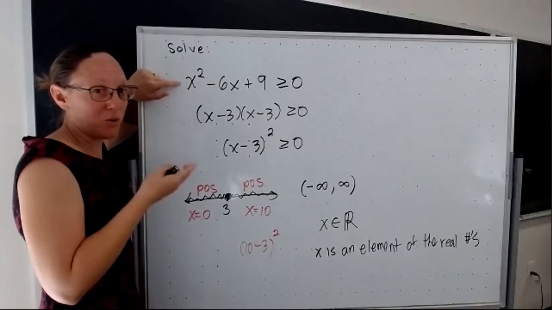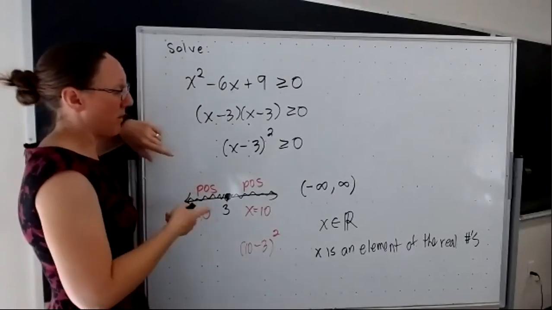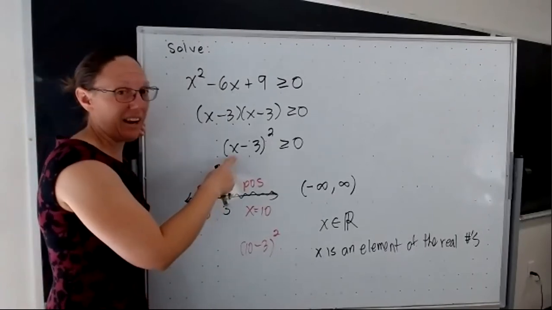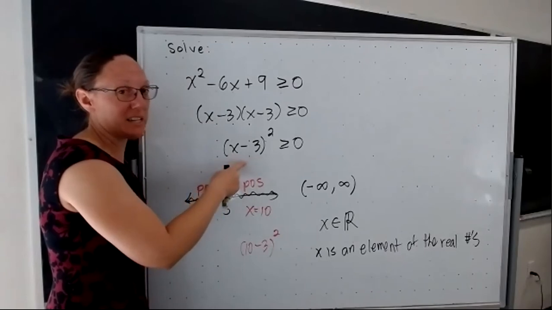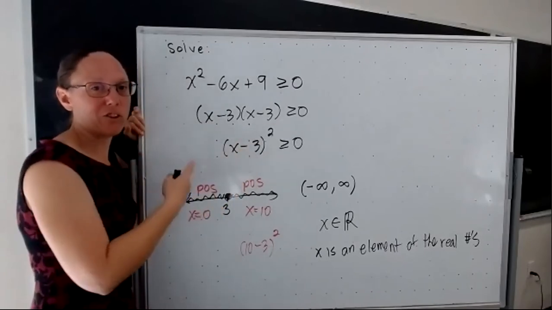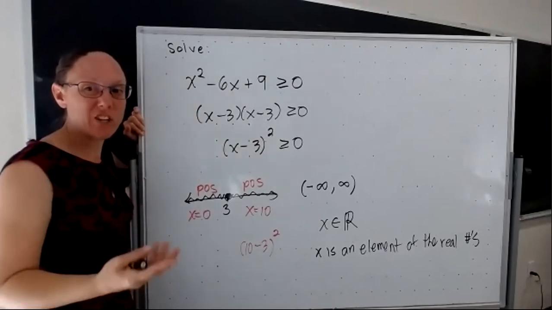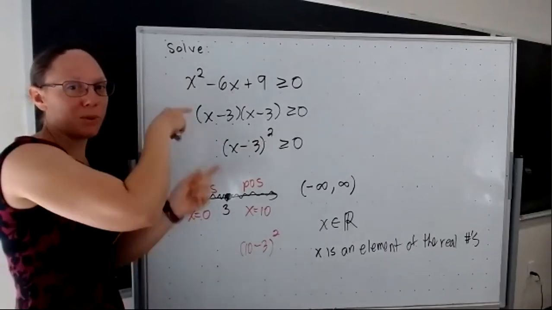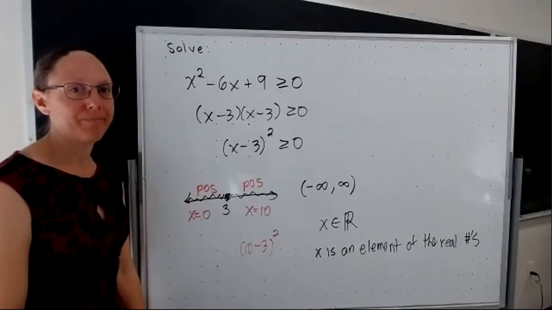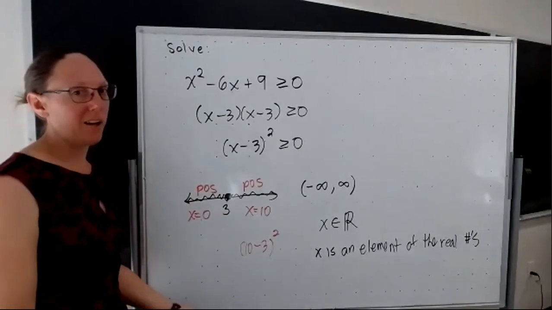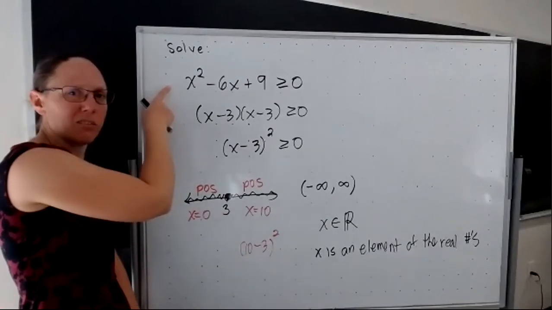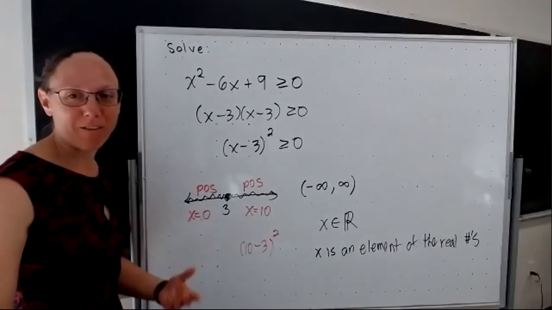But if I'm doing the arithmetic, I would rather plug the 10 in here and have 10 minus 3, 7 squared. I'd rather do that math. But it doesn't matter which version you plug them into. So each time I just pick whichever place looks easier to plug it in. If I was plugging in a 1, I'd probably choose this version, right? It's just wherever the math is easier.